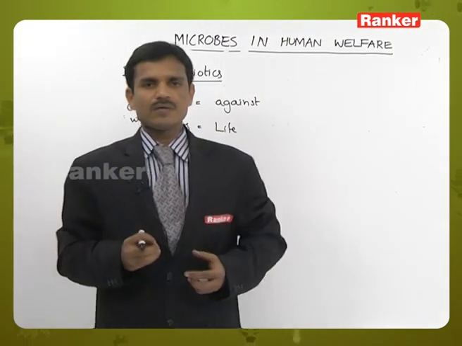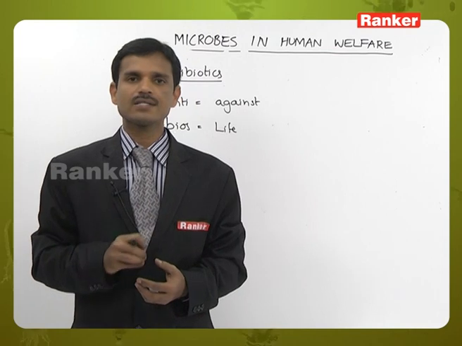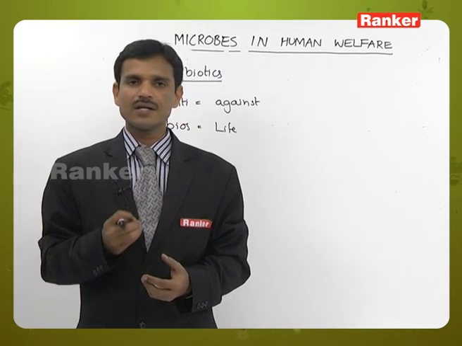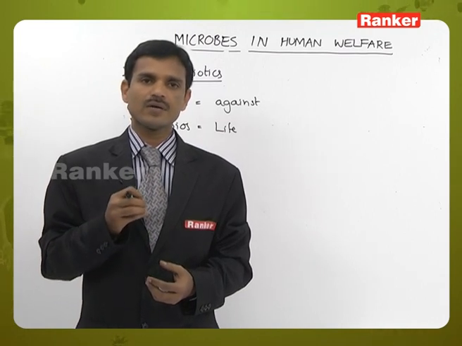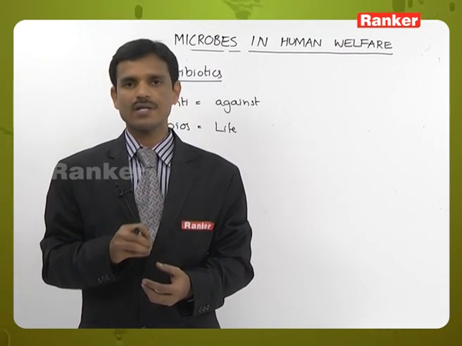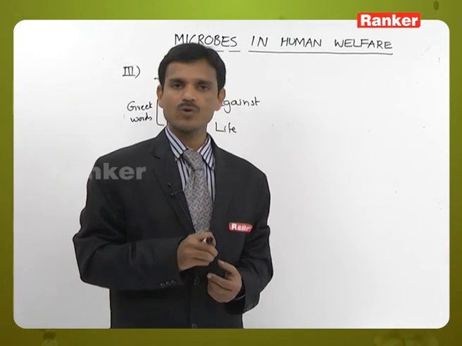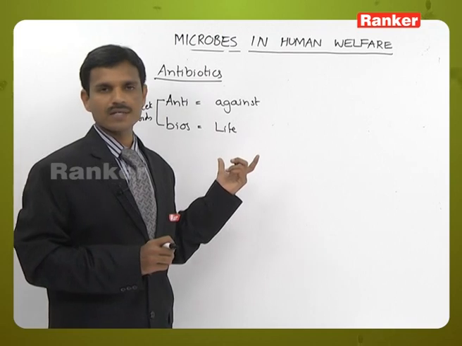So what is the meaning of antibiotic? Against the life. Against the life means it is retarding the growth of some disease-causing microbes. So the disease-causing organisms or microbes are killed by these antibiotics.